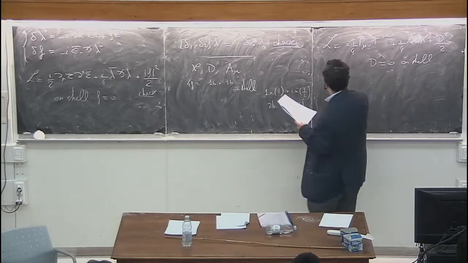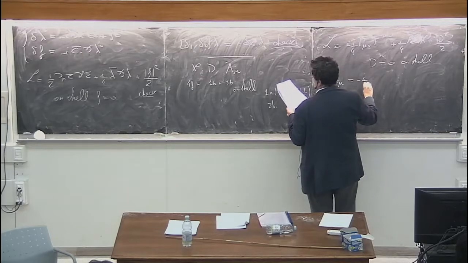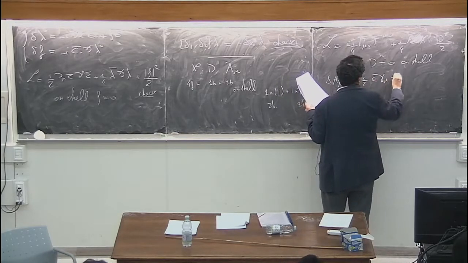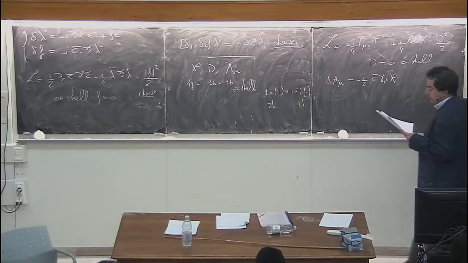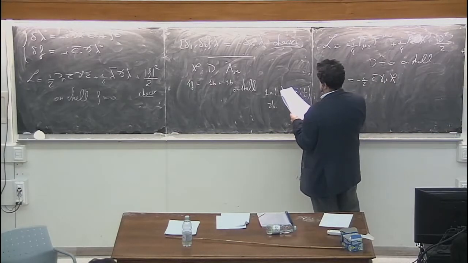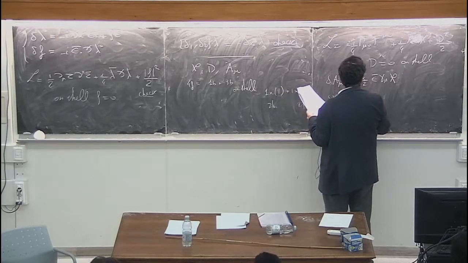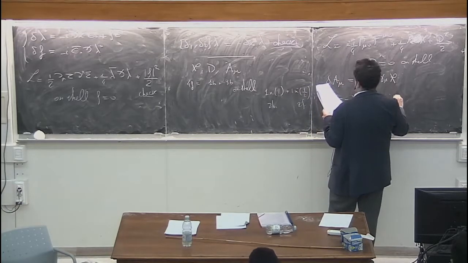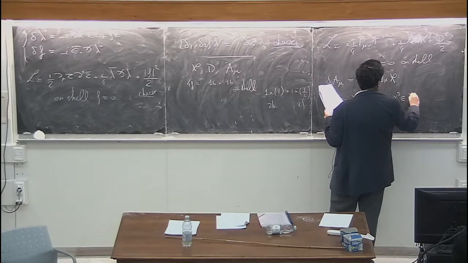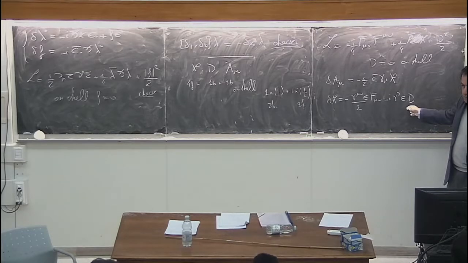The supersymmetry variations are: delta A mu equals minus i over 2 epsilon bar gamma mu chi, delta chi equals minus gamma mu nu epsilon F mu nu divided by 2, minus i gamma 5 epsilon D. You see, you have a D here in the supersymmetry variation of chi.